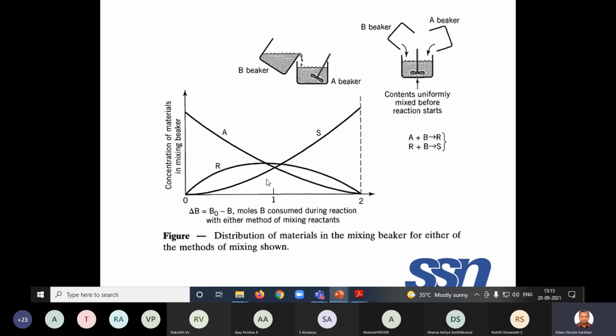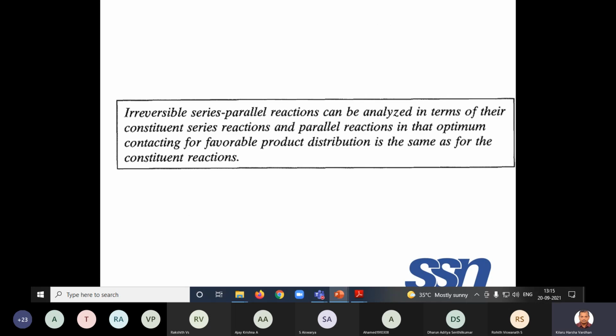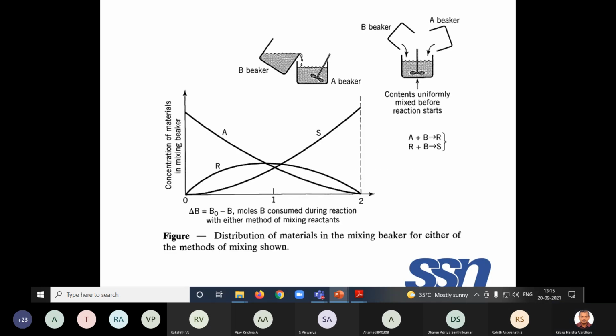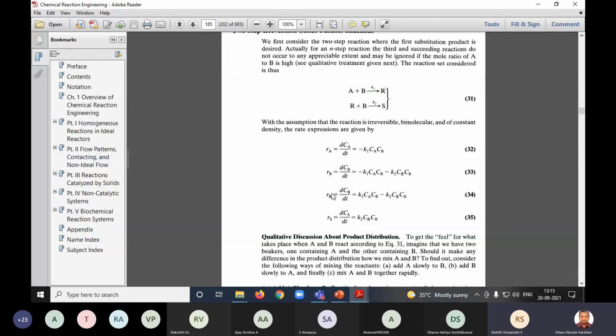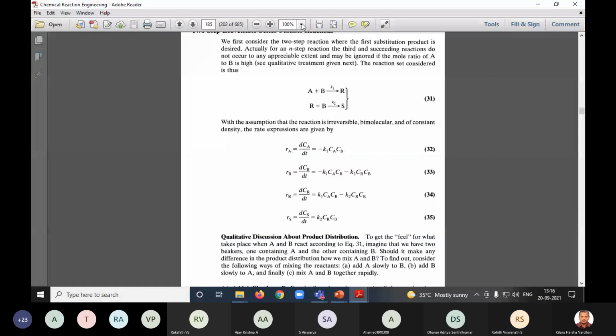What could have been the core reason? What could have been the reason? Any idea? Concentration difference. Any other?